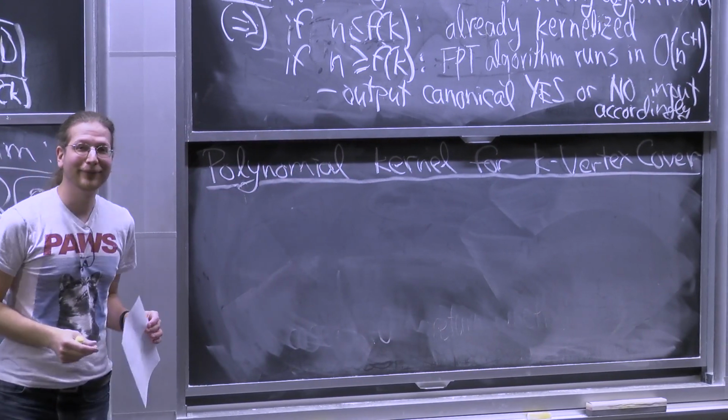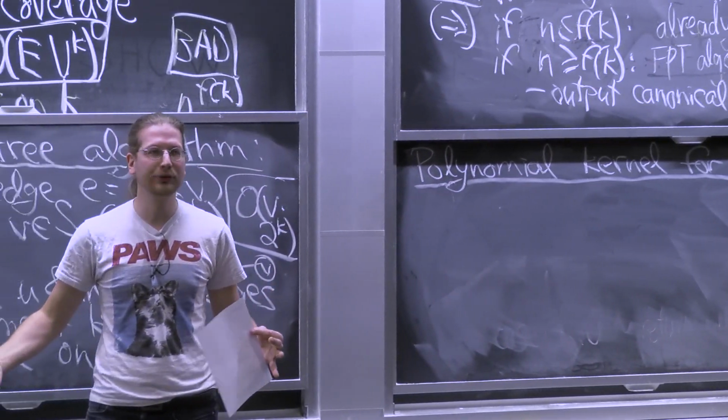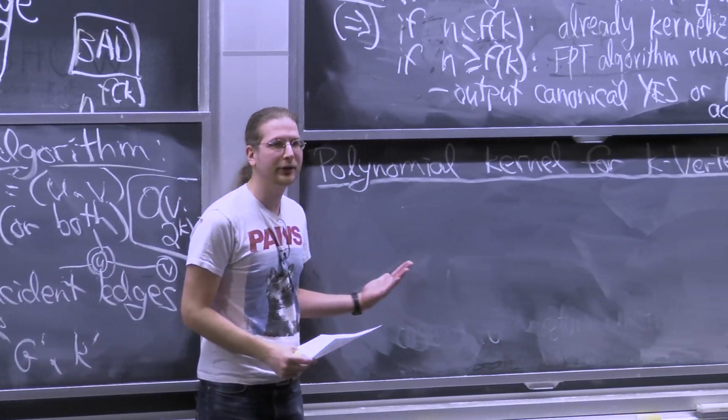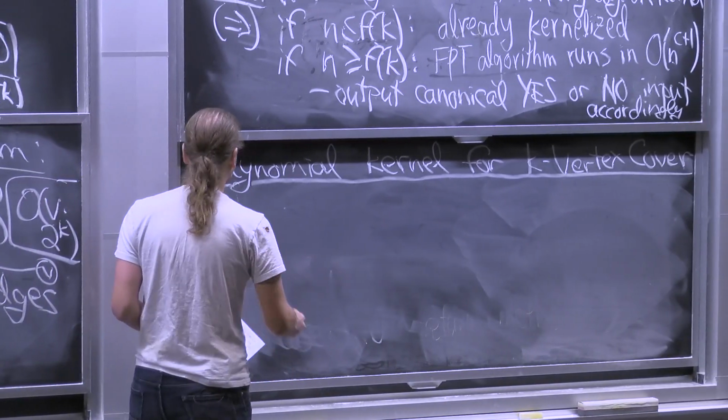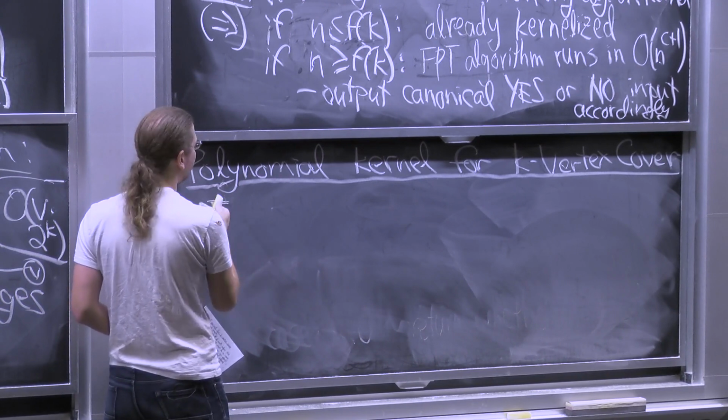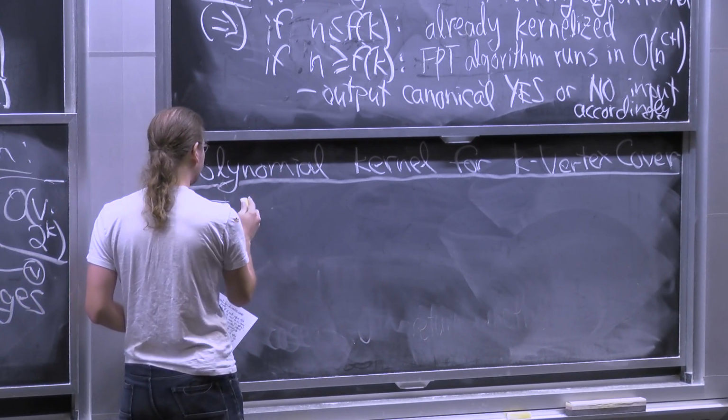These are hard to find. And there's a whole research industry for finding polynomial kernels. So I'm going to give you some methods, but they're specific to vertex cover.